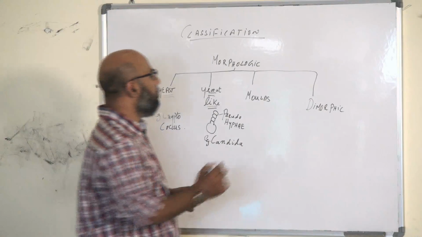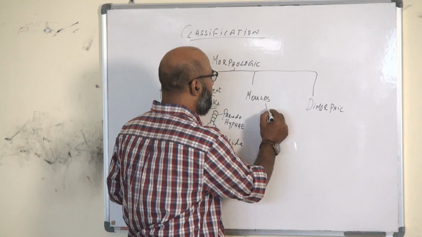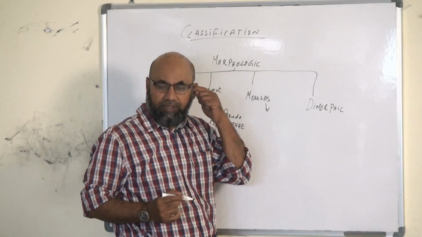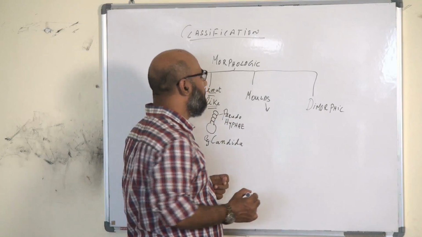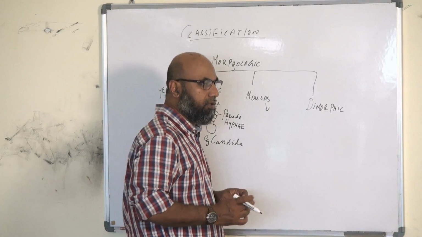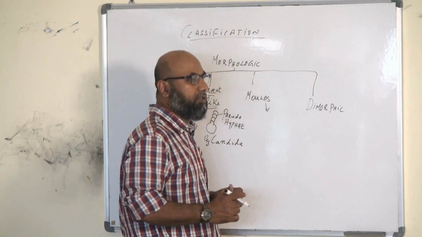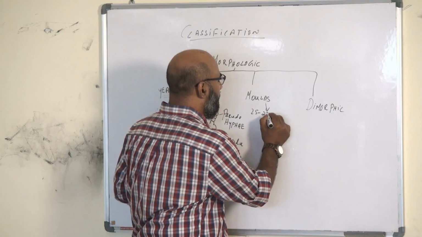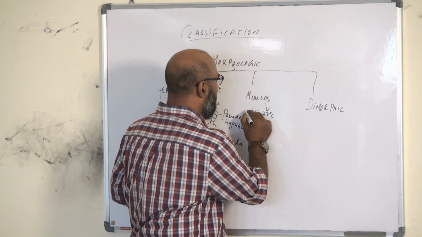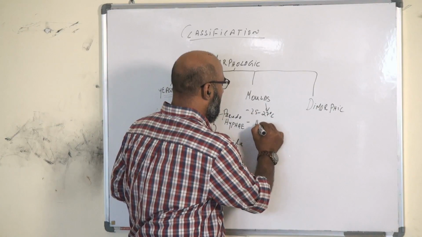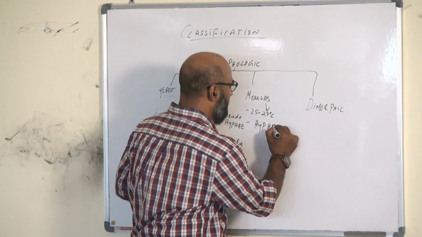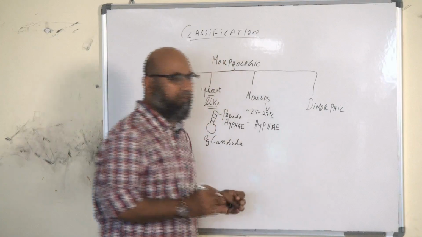The next one are the molds. The molds are the actual multicellular, typical, classical fungi. They are grown at a temperature of 25 to 27 degrees and they contain hyphae. And what are hyphae, by the way?